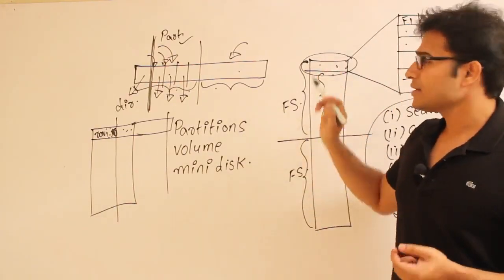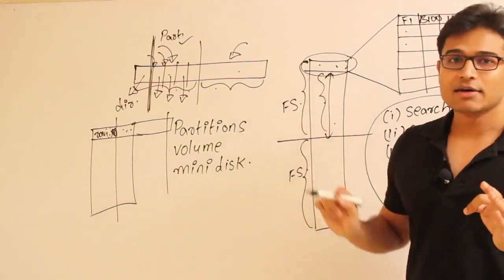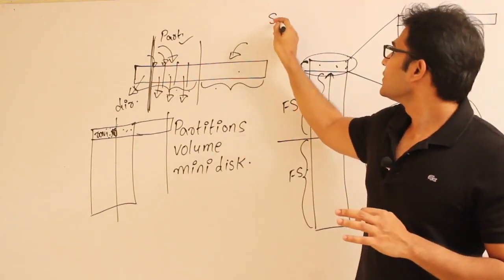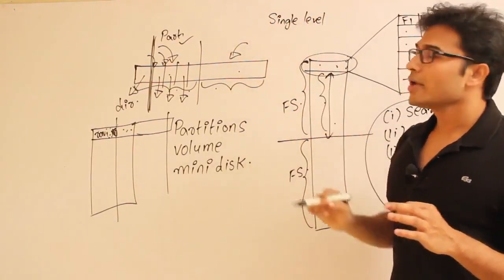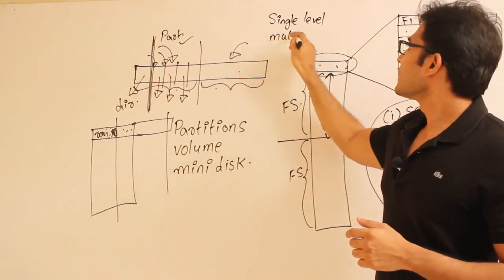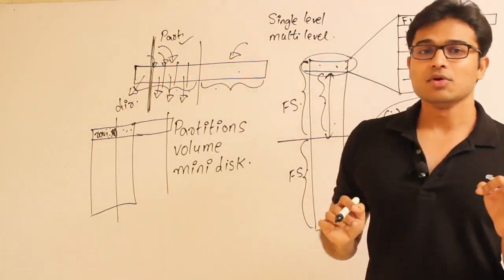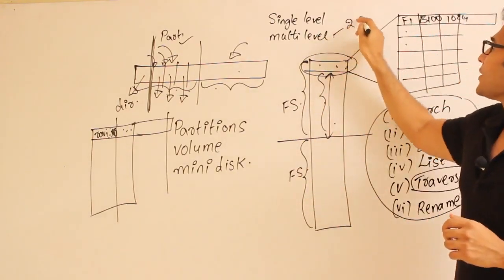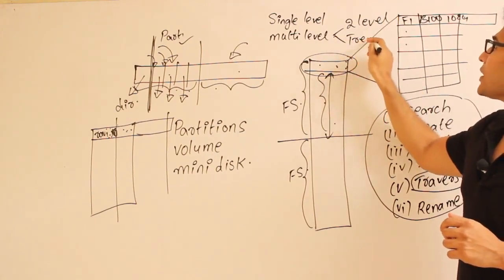If you have only one directory and all the other files, it is called a single level directory, right? If you have various levels, then it is called a multi-level directory. In simplest form, you can have a two-level directory or a tree type directory.